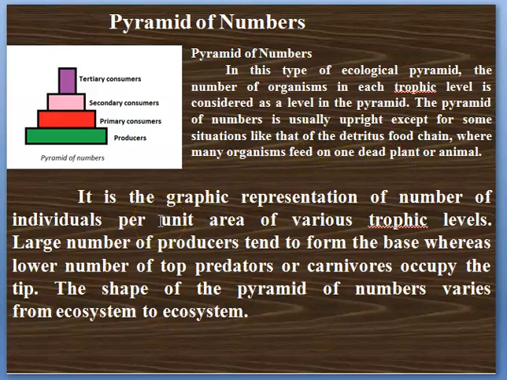In general, it is the graphical representation of the number of individuals per unit area at various trophic levels. A large number of producers form the base, while a lower number of top predators or carnivores occupy the tip. The shape of the pyramid of numbers varies from ecosystem to ecosystem.